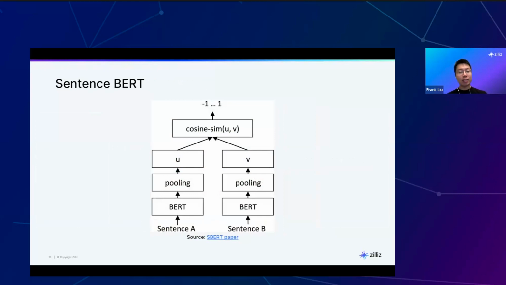As you train a Sentence BERT model or a sentence transformers model, you have these sentence pairs. They will go through a stock BERT, and it will undergo pooling at the very end.